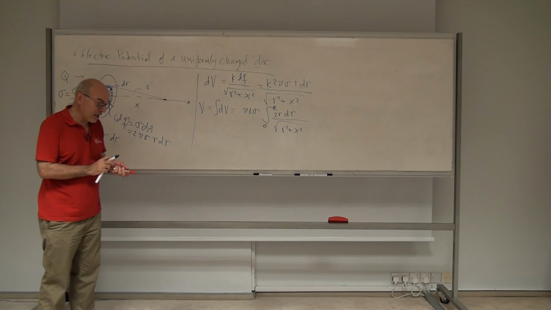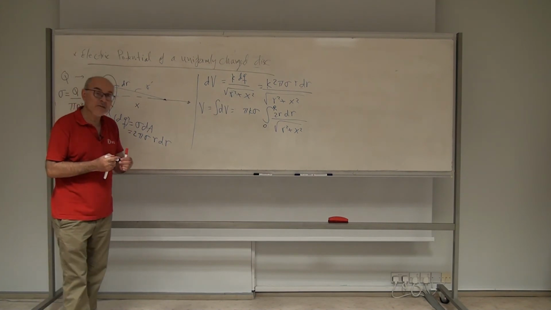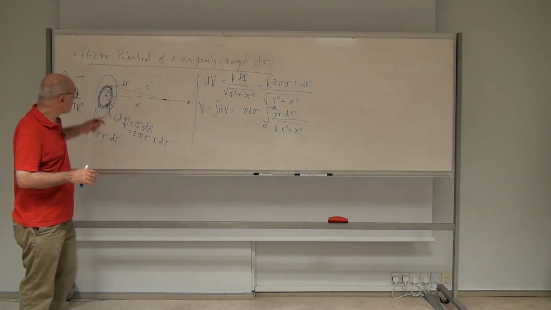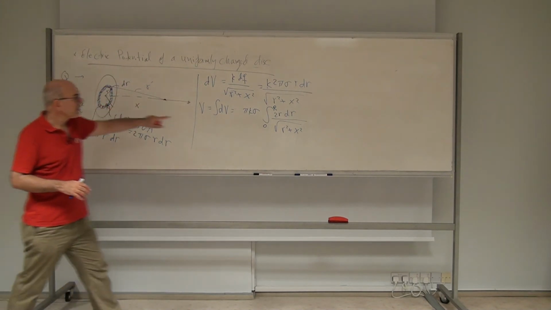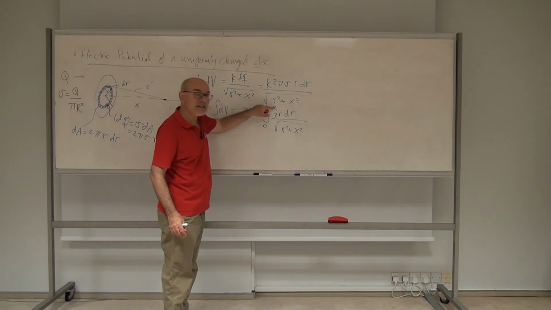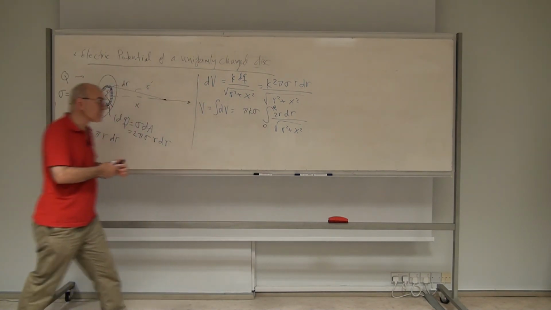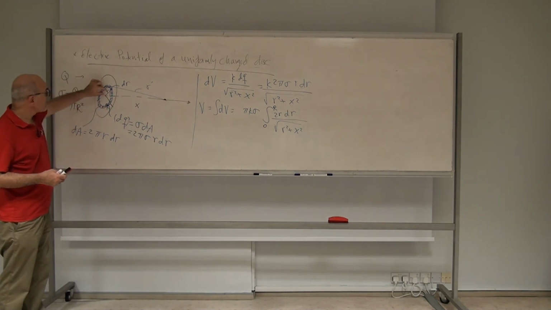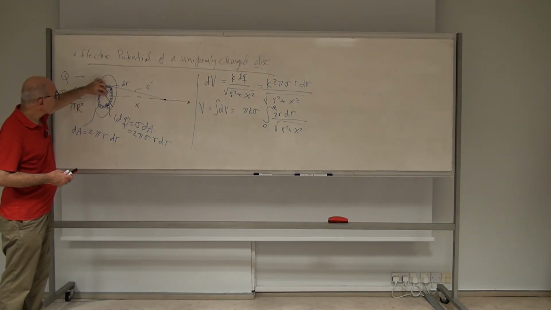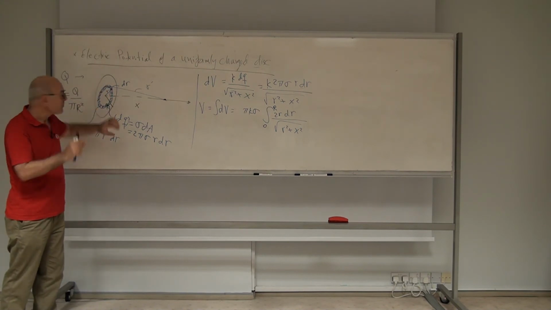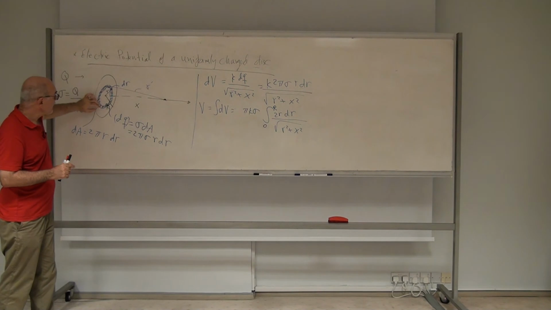After you fix your limits of integration geometrically, you always check the physics: when you integrate this expression over these limits, you are actually including the contribution of all the dq's. And this is exactly what's happening, because when you integrate over dr, you are summing up the contribution of all the dq's, which cover the whole disk.